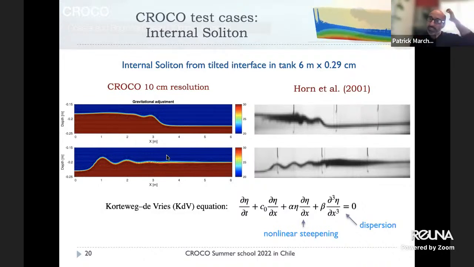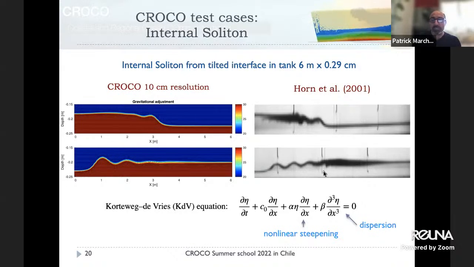Here we don't have analytical solutions, but we have a tank experiment that we can compare to, even if it's not exact, the experiment is never done exactly in the same way as the numerical simulation. But you see again at the beginning the bore that is being formed, and then at some point the train of solitons that is detaching from its bore.